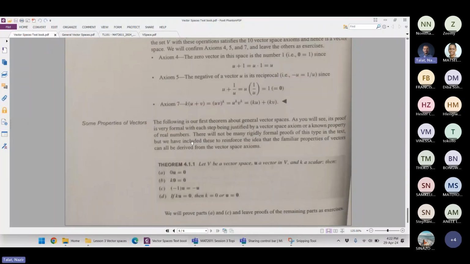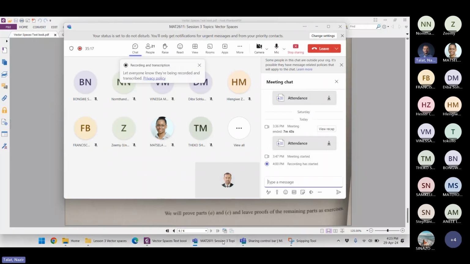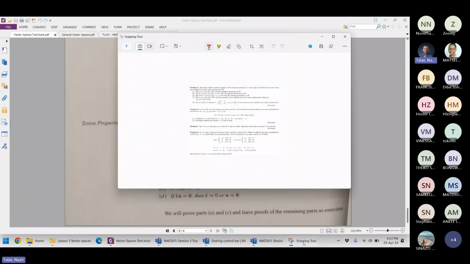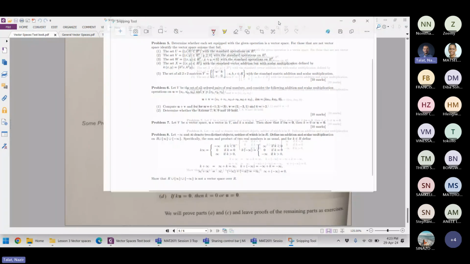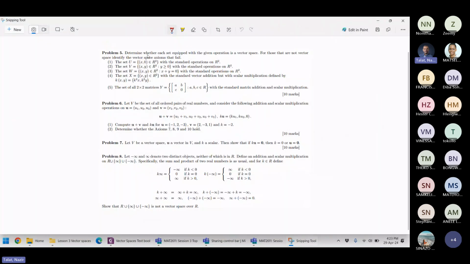Okay, so now let's see some problems from the textbook, as available over here. Determine which of the following sets is a vector space, and also check which one doesn't satisfy the axioms. For instance, if U is a set containing the elements of R square, where x comma 0, with the standard operation of R square.